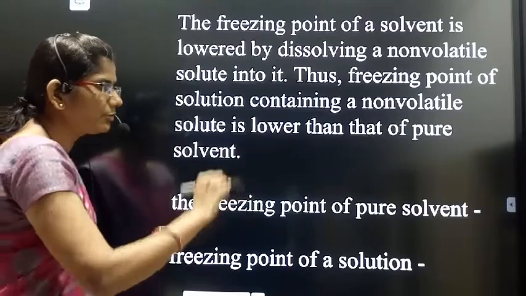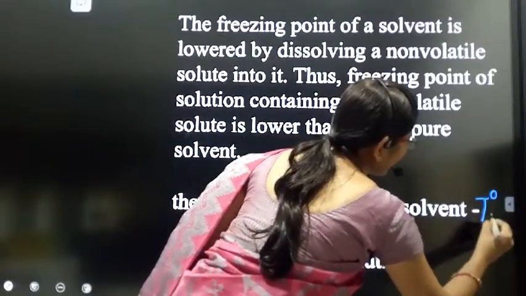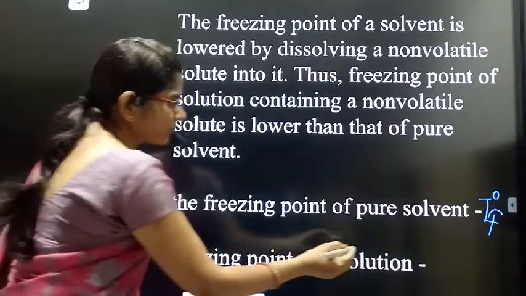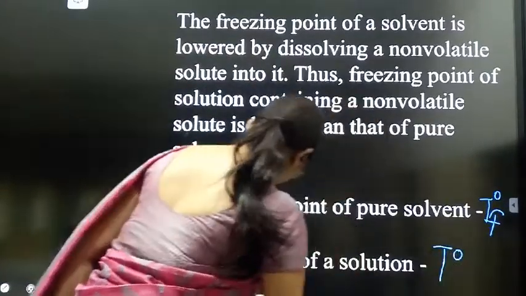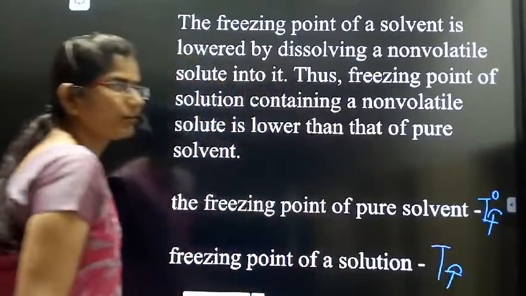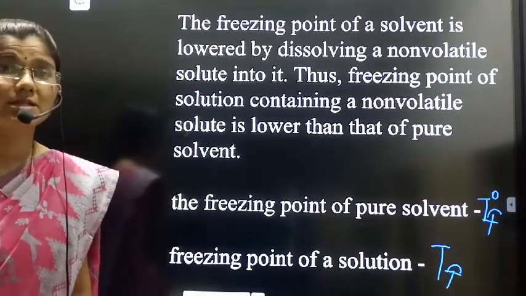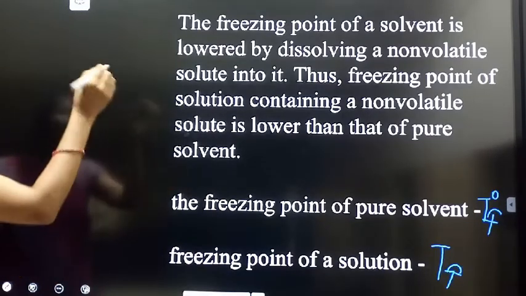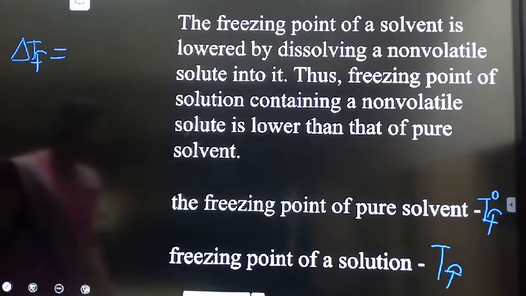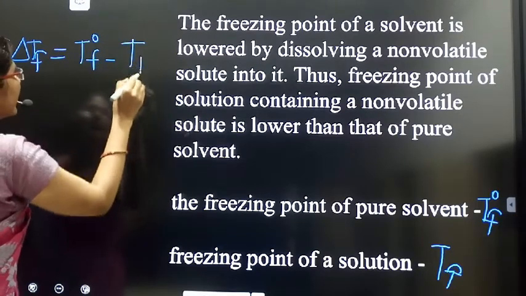Therefore, if the freezing point of a pure solvent is denoted by T not F, F for freezing point, and the freezing point of the solution is TF, then the depression in freezing point, delta TF, is equal to T not F minus TF.